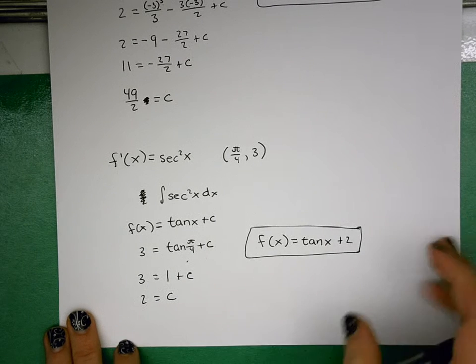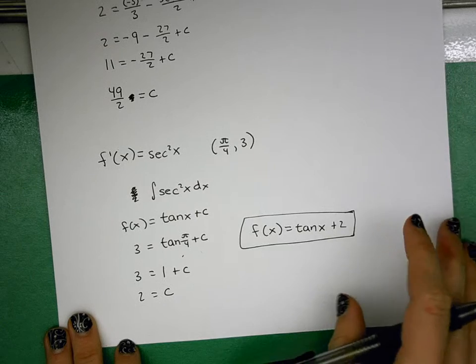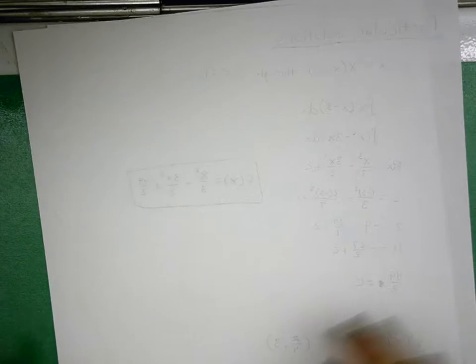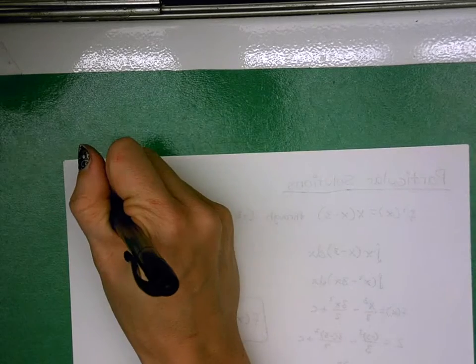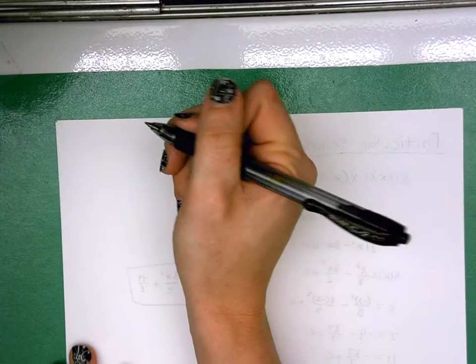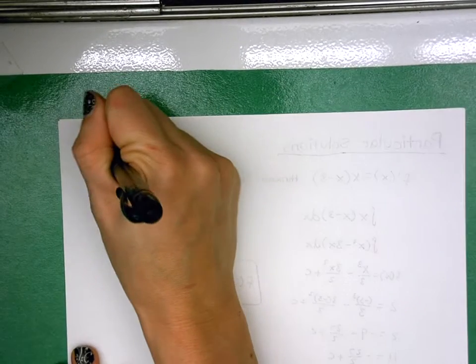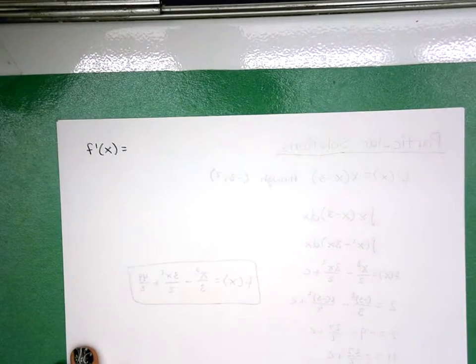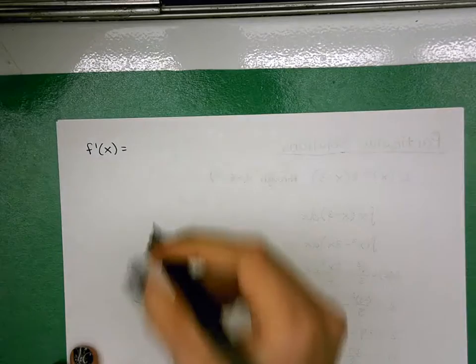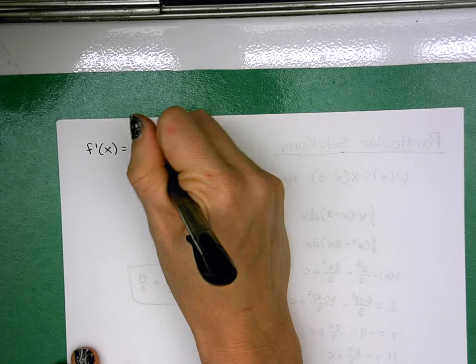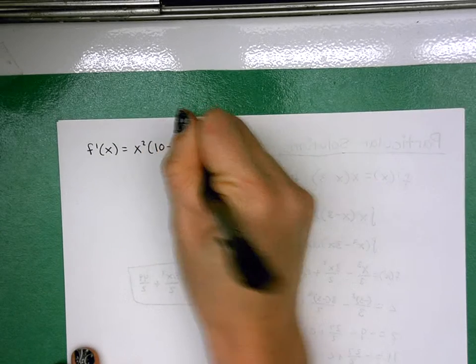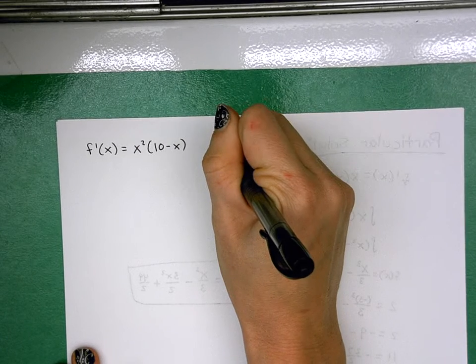Okay. Let's go ahead and do one more. We had find the particular solution of f prime of x equals x squared times the quantity of 10 minus x through the point 0, 10.